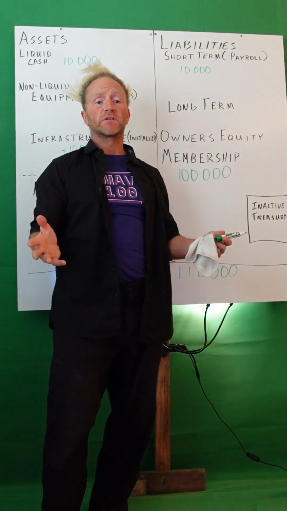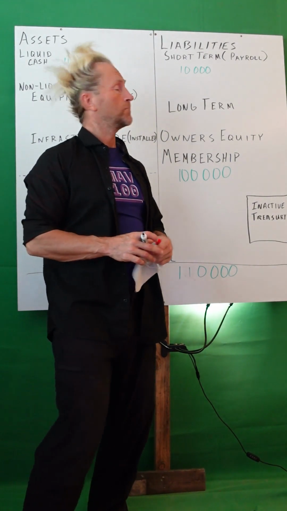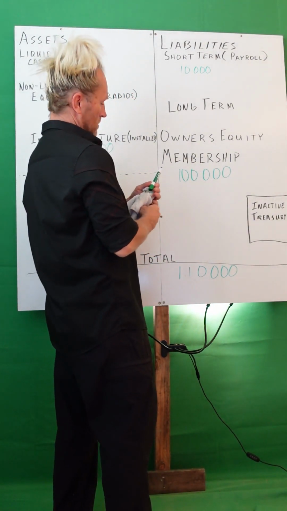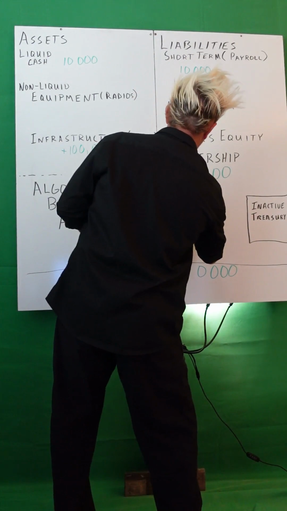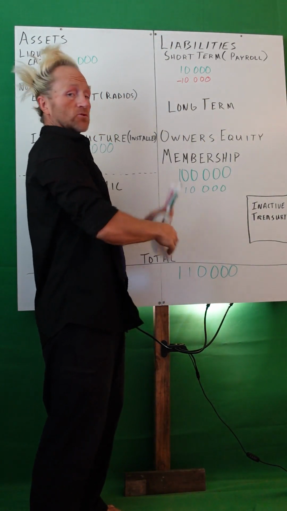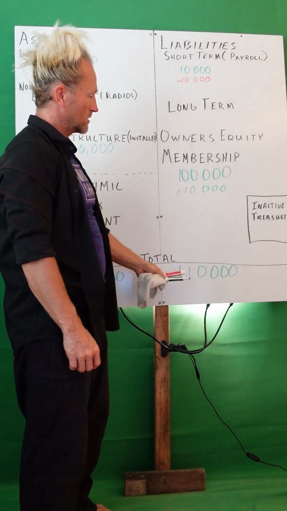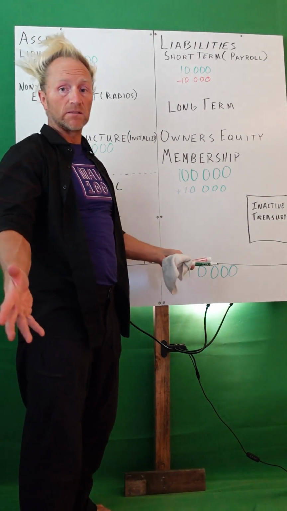All right, option number 2. Somebody wants to work and stack their membership. So we subtract 10,000 up here, we add 10,000 down here, everything is even, we still balance.